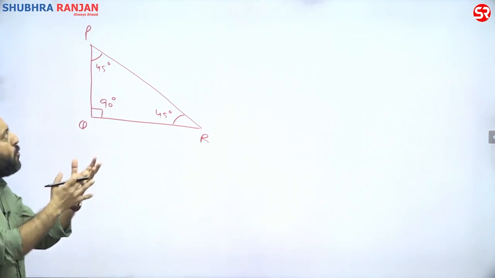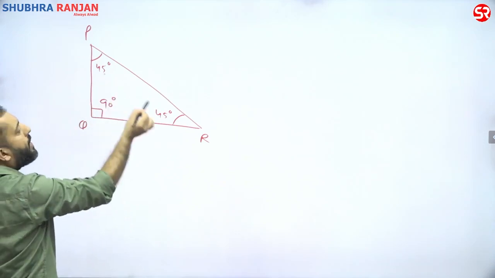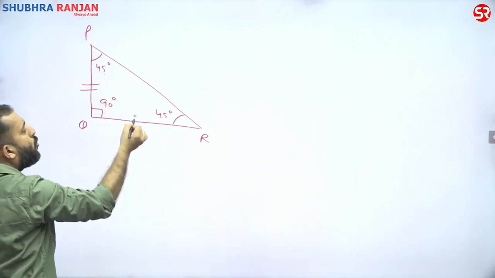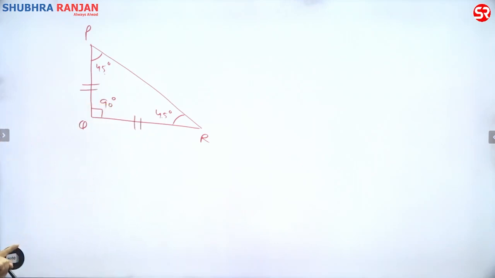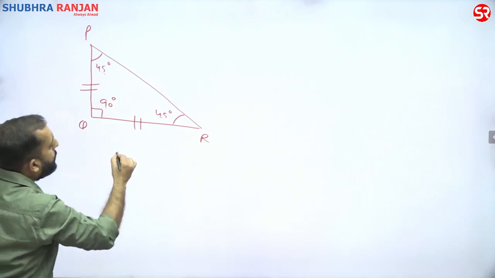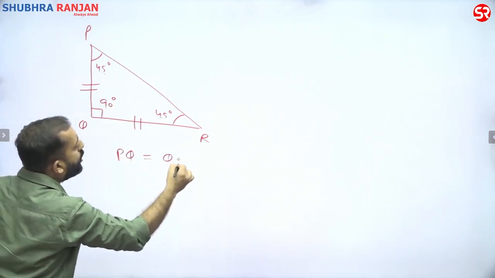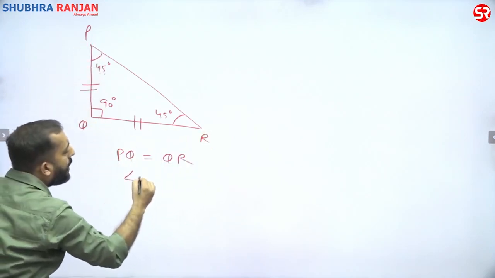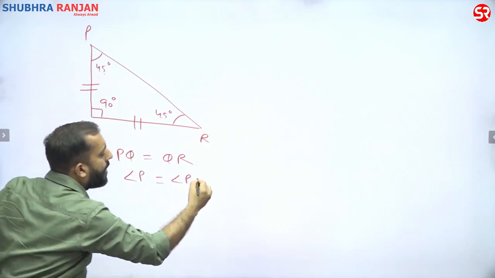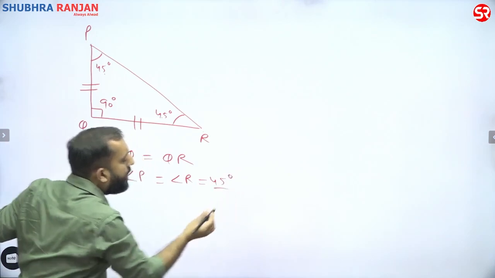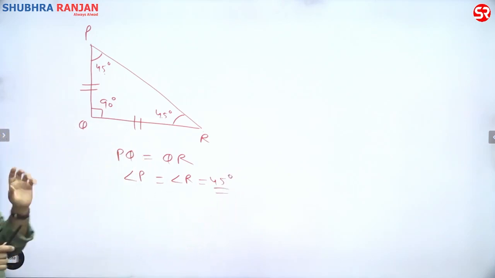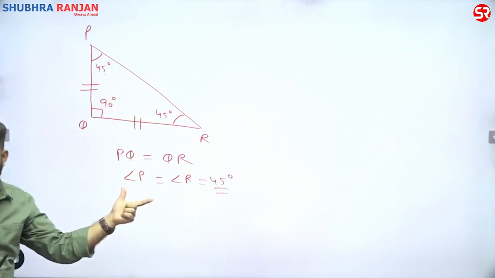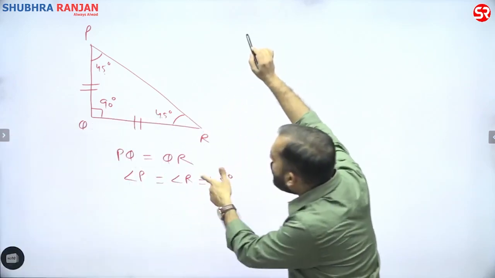So we should know in a triangle, if two angles are the same, then the sides opposite to those two angles should be the same again. So if PQ is equal to QR, then definitely angle P will be equal to angle R, equal to 45 degrees, in case of a right angle triangle, and this is your case number one. I hope you have an idea of it. Okay.